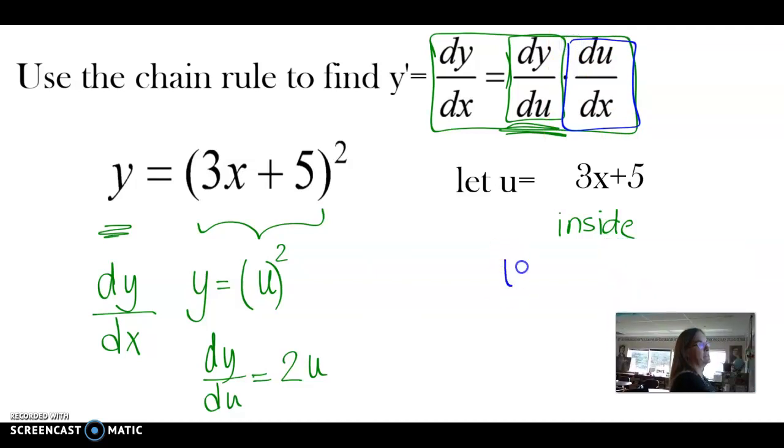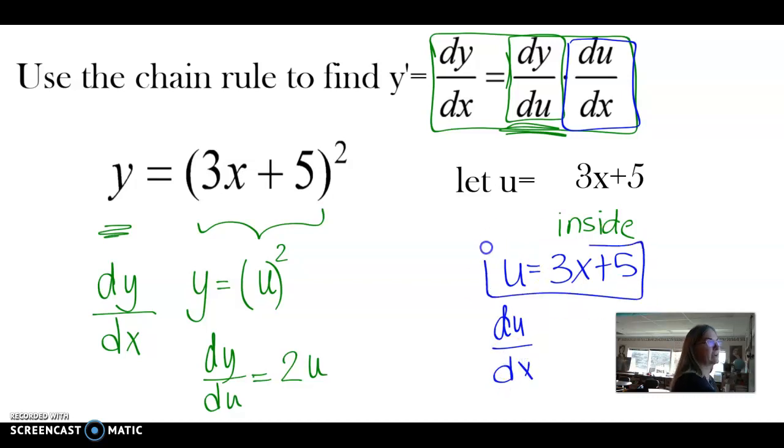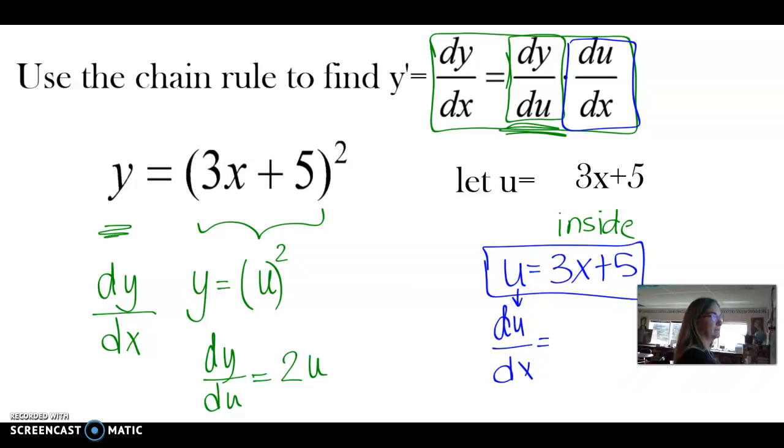So I have this u equals 3x plus 5. So if I find du/dx, because u is explicitly defined in terms of x, I can find the derivative of u with respect to x by writing that notation, and the derivative of this with respect to x is just 3.